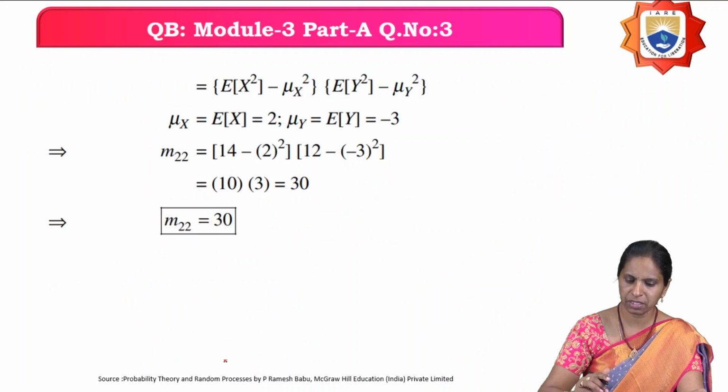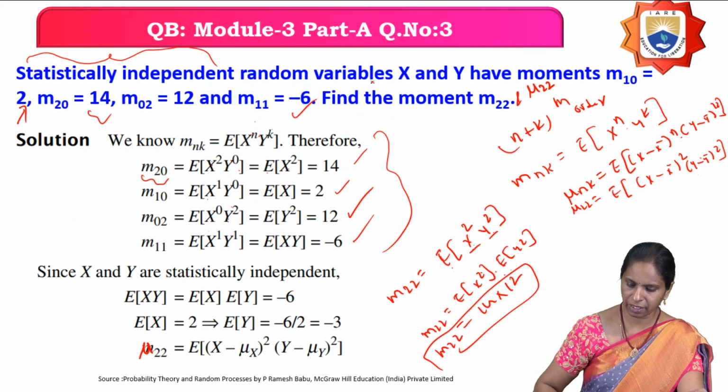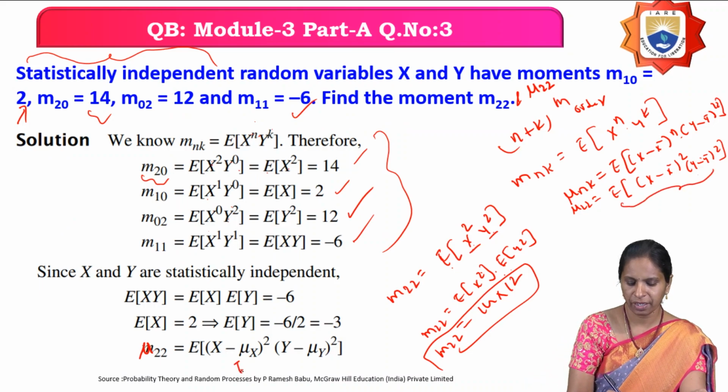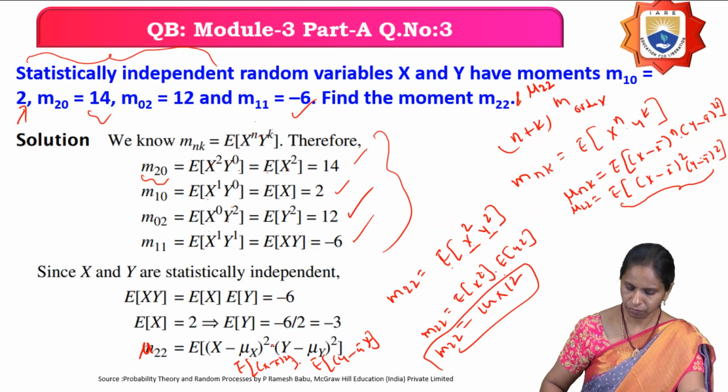Why are we writing it like this? Because they are given that these are independent random variables. For independent random variables, how can I write it? Expectation of x minus x bar whole square into expectation of y minus y bar whole square. Mu y is nothing but y bar, and mu x is nothing but x bar.